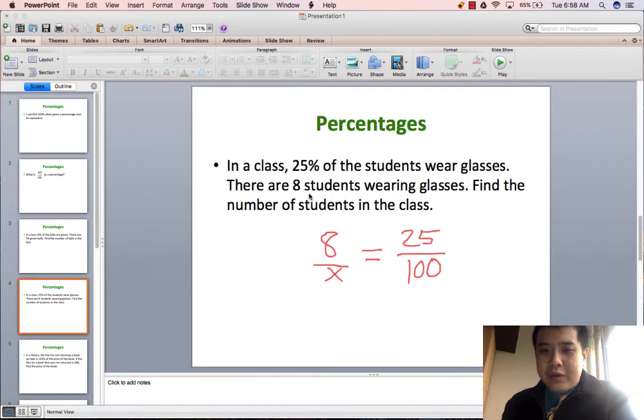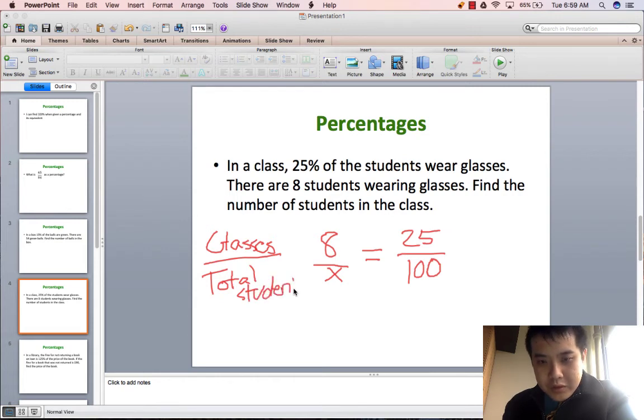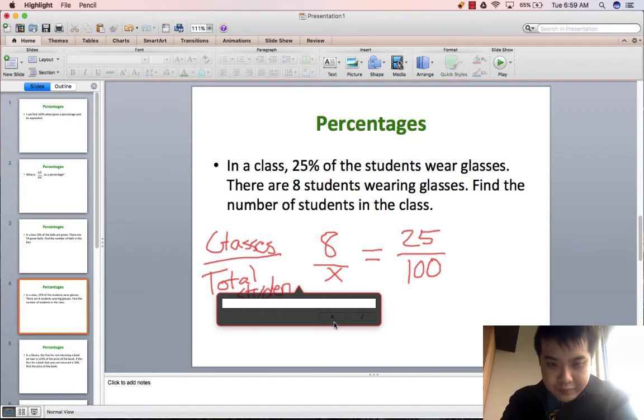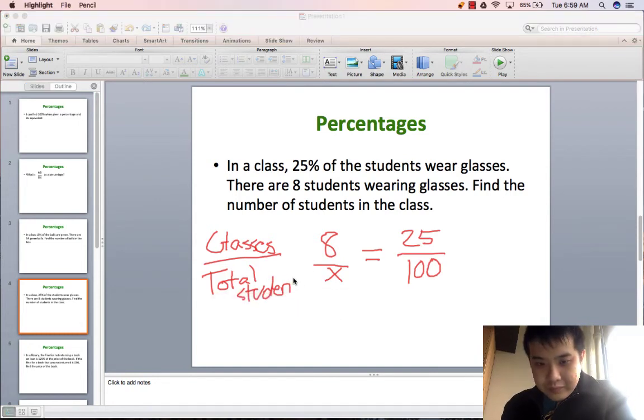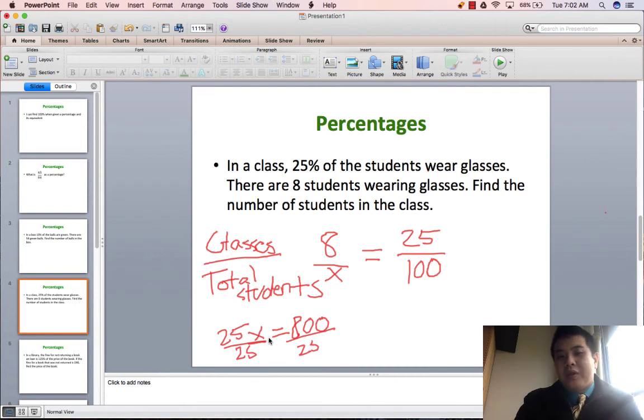Again, 25% of the students wear glasses, 25 is at the top, so glasses over total students. We're trying to find the total number of students in the class. When we cross multiply, we get 25x equals 800. And so we divide both sides by 25.